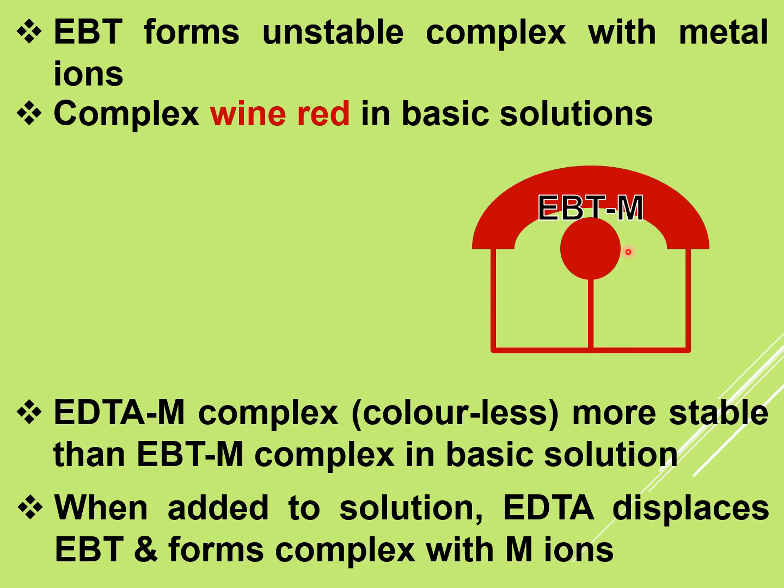So when it gets displaced, what will happen? You can see that EDTA is coming, it forms a complex with the metal ions, and this EBT fellow is sitting alone without any friend. It had a friend, the friend went to EDTA, so it is sitting alone.